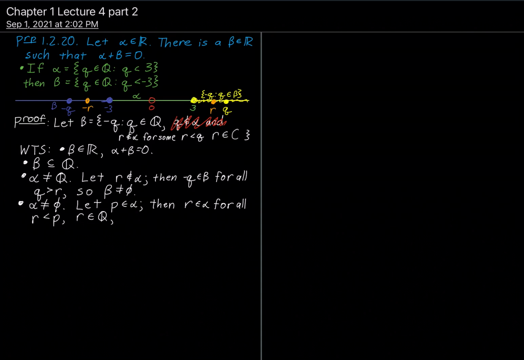I suppose we do need to specify that explicitly up here too. So negative P is not in beta, so beta is not equal to the set of all rational numbers.